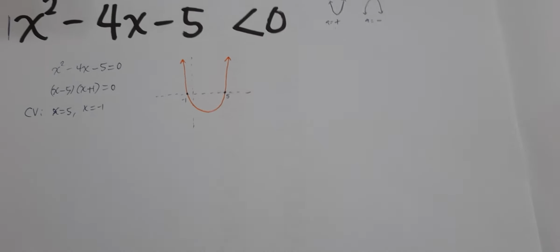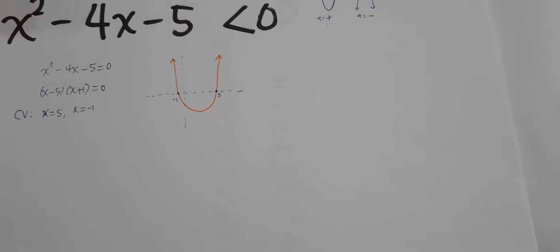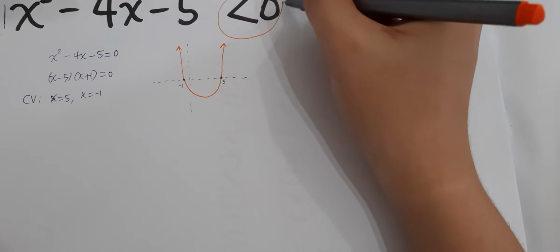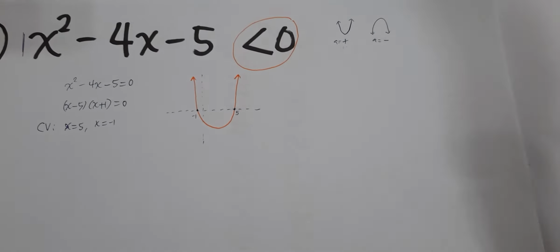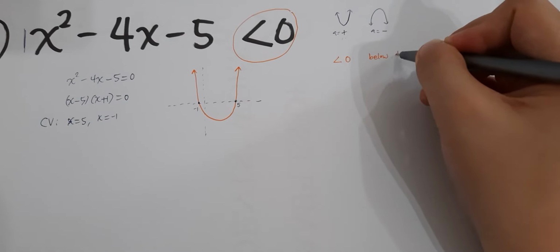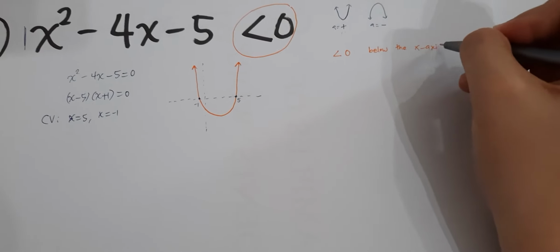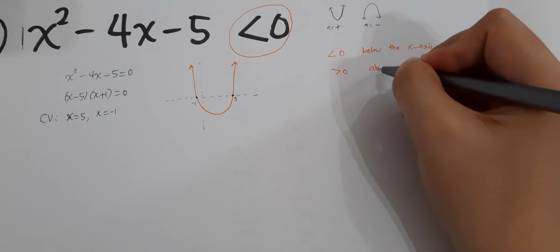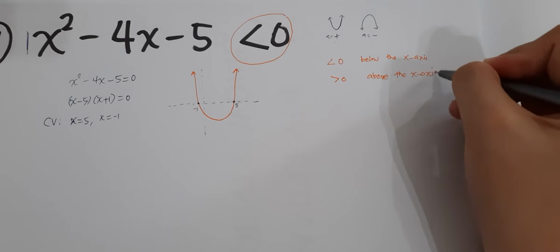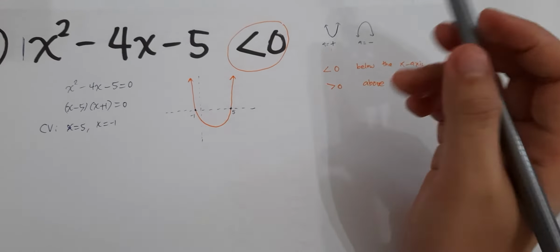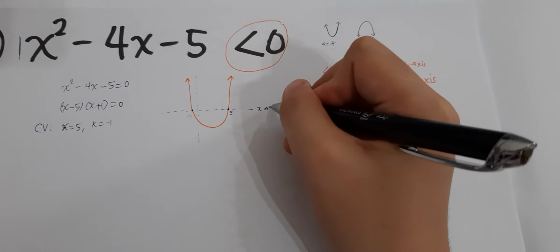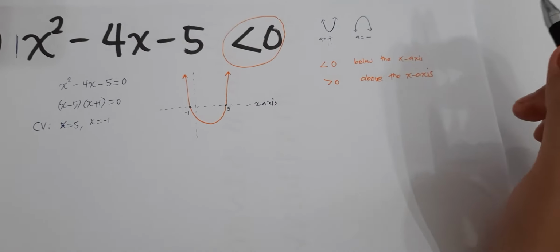Now here, what do we need? What we need depends on this, less than 0. If it's less than 0, we need below the x-axis. If it's greater than 0, we need above the x-axis. Our given is less than 0, so what do we need? We need below the x-axis.